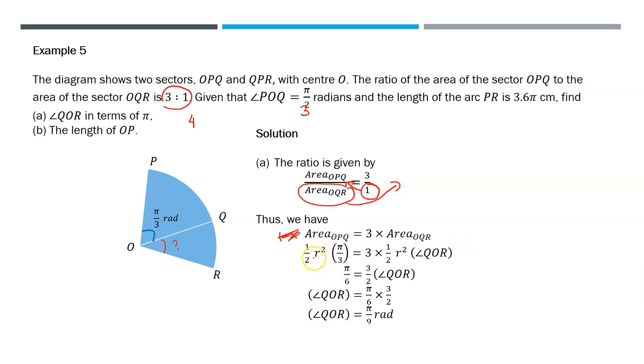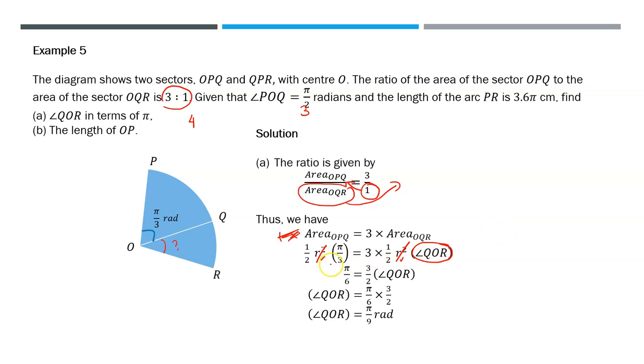So OPQ we just substitute 1/2 R square pi over 3. Dan ini 3 times 1/2 R square angle of OQR. Ini yang the one that you want to find. Okay. Maksudnya ini you can substitute the value, tapi tak payah substitute pun boleh without the information because this one can cancel out.